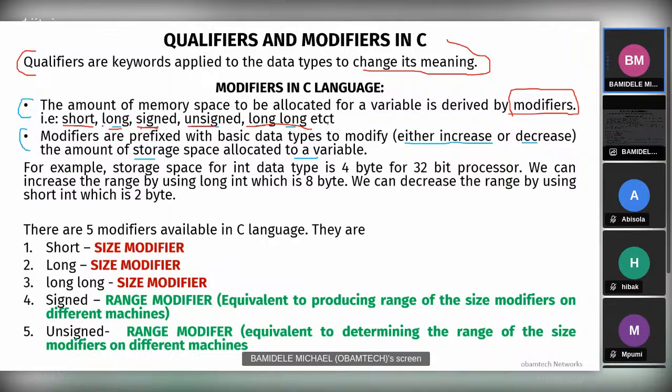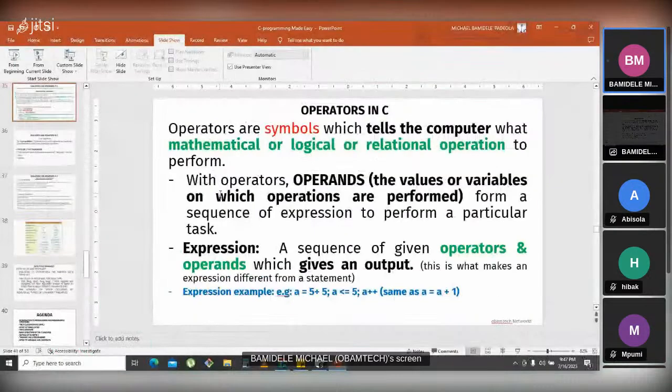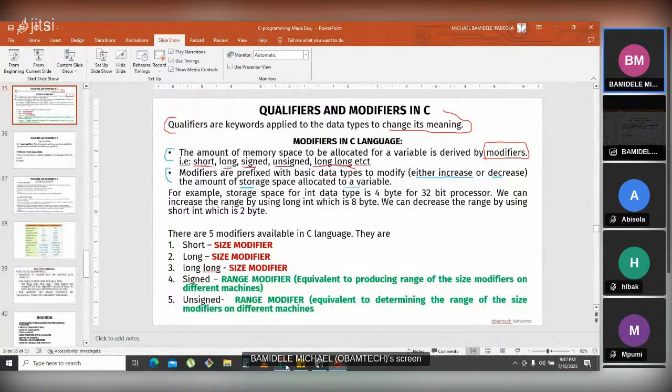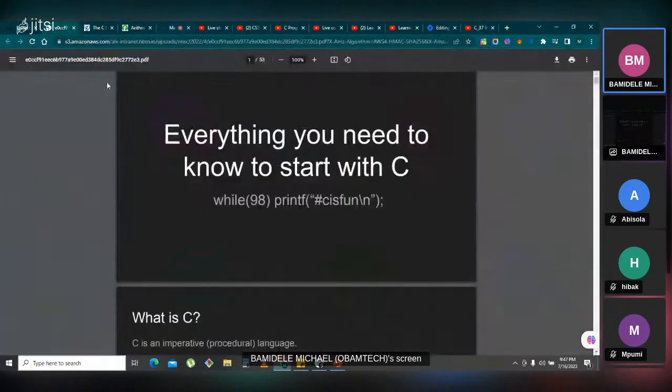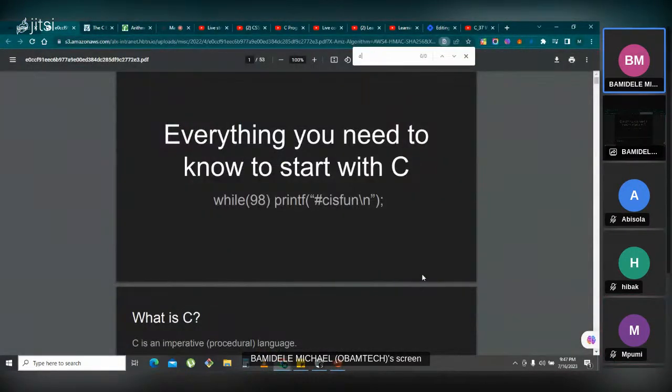And before that, if you look at everything you need to know about C, that resource that was given by ALX, where you see different things at the same time, if you look at this aspect, you could see data type.